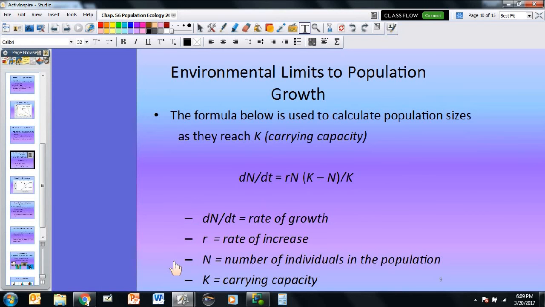This is usually some function of biotic potential. N is the number of individuals, literally how many individuals there are at the moment that this was calculated, and K is carrying capacity. Carrying capacity is the maximum number of individuals that the environment can support.